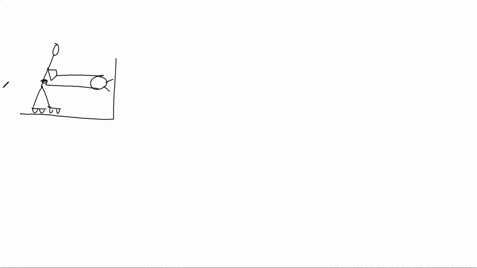So this is like the rock climbing problem or something like that. So the question is, what's the tension in the rope, what's the acceleration of the person, and what does a free body diagram look like?